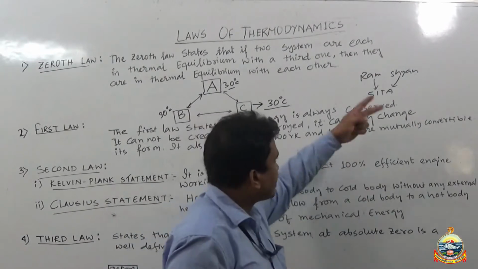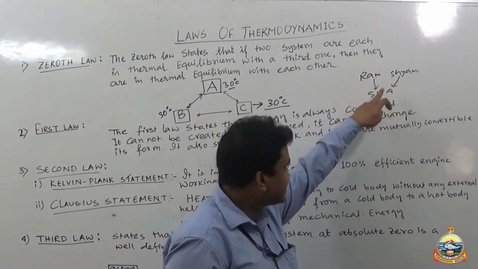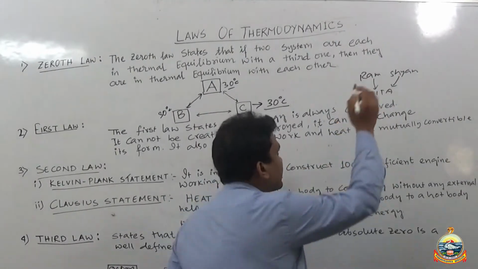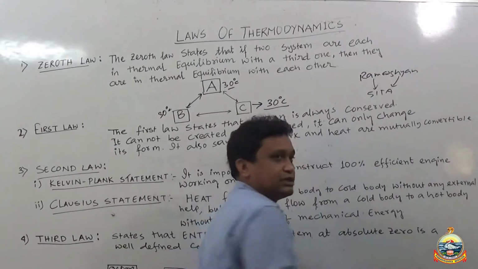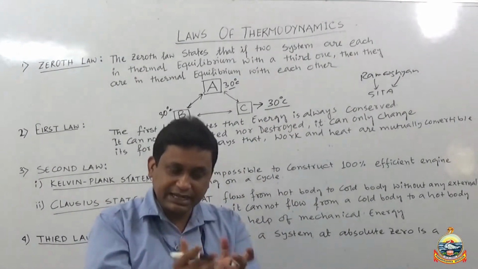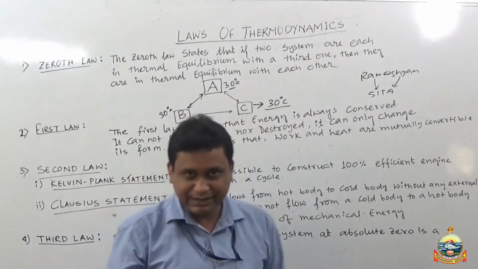So Sita became the common friend of Ram and Shyam. Now Ram and Shyam can also become friends with each other when they meet. So I have tried to make you understand this Zeroth Law with an example.